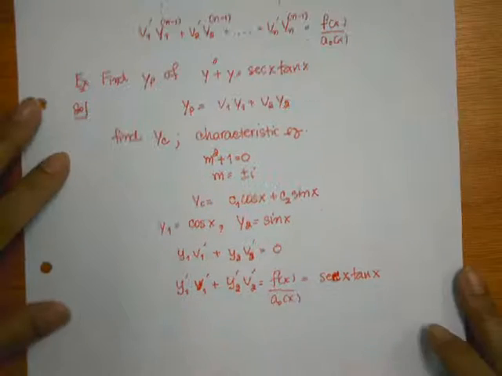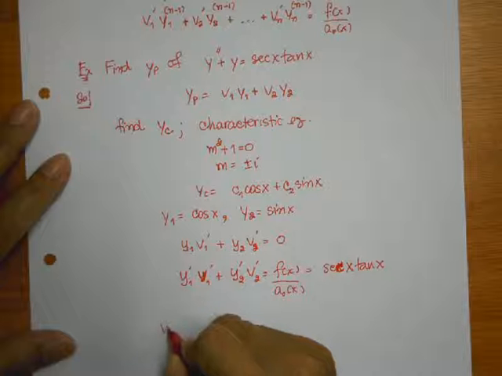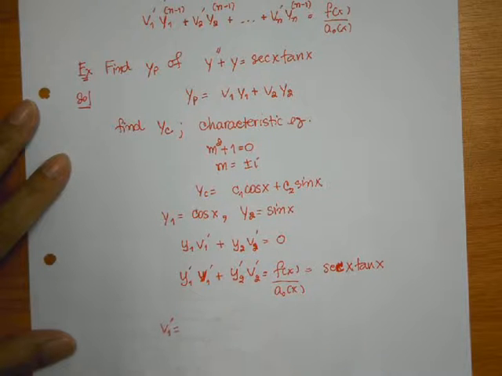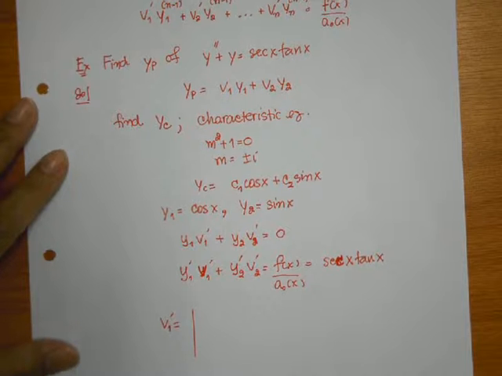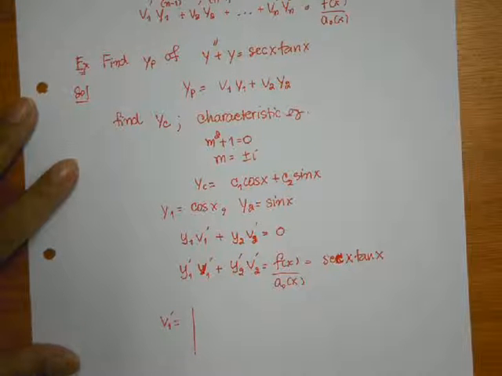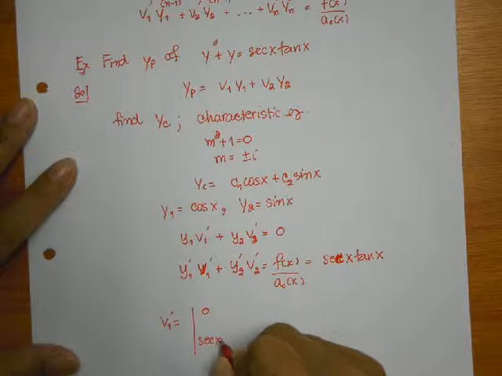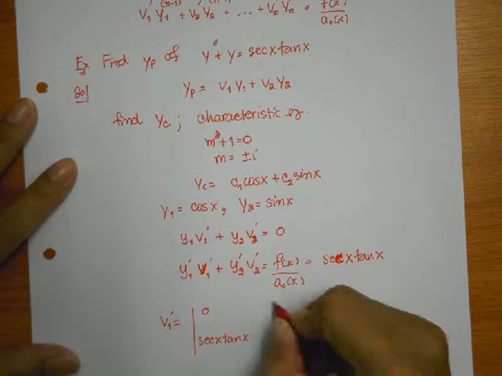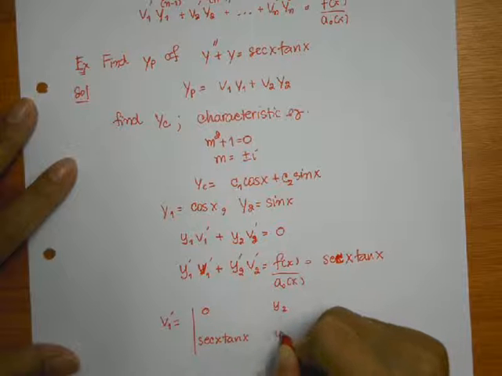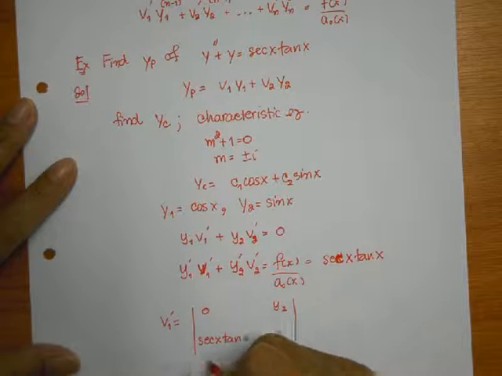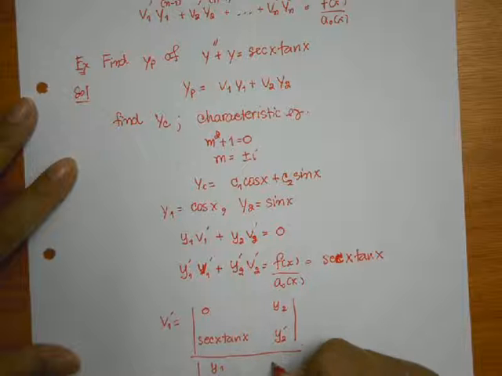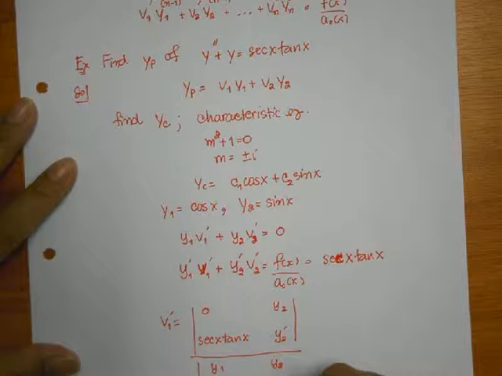Now, to find the first derivative of v1, you find the determinant of 0, sec x tan x, y2, and the first derivative of y2, over y1, the first derivative of y1, y2, and the first derivative of y2.